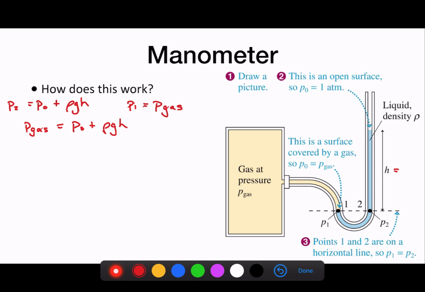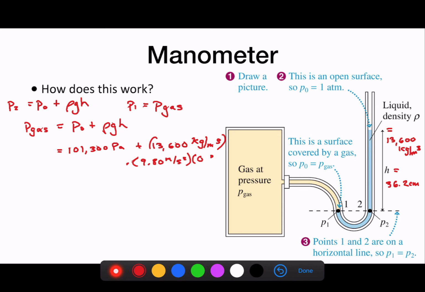Let's put some numbers to this. Let's imagine that we have mercury inside of this tube, and that the height of mercury in this tube is 36.2 centimeters. We can look on our table to see that the density of mercury is 13,600 kilograms per meter cubed. Using these values, converting to the appropriate units, of course, we can find that the pressure of the gas inside of the box in our particular scenario is equal to 149.5 kilopascals.